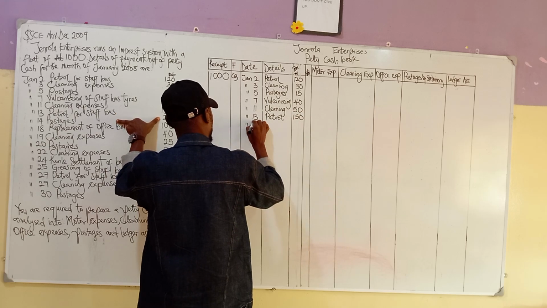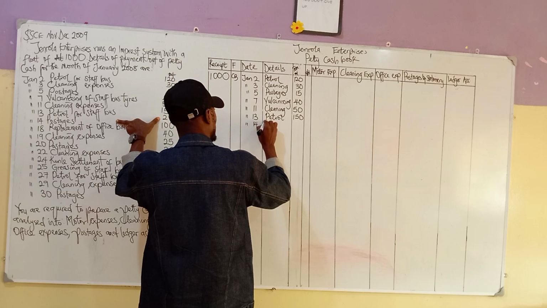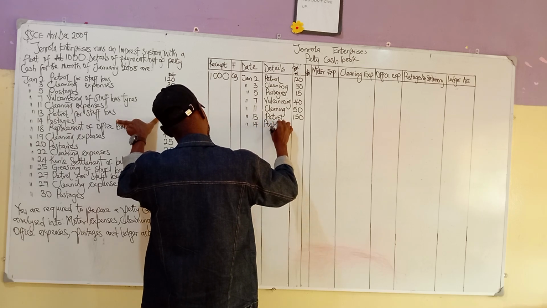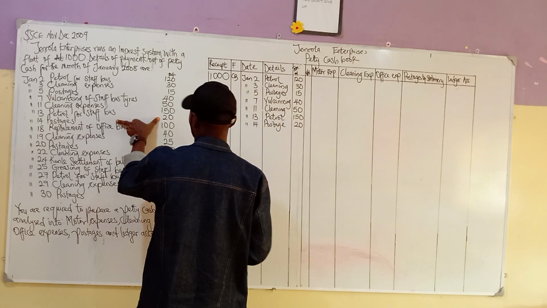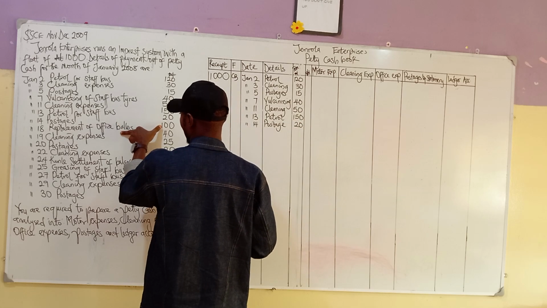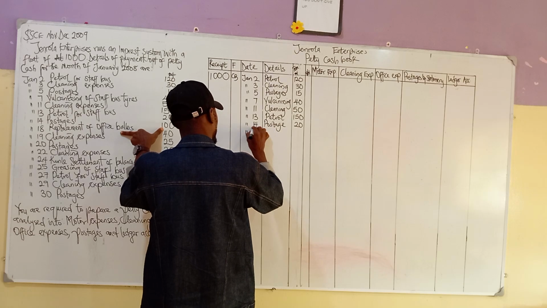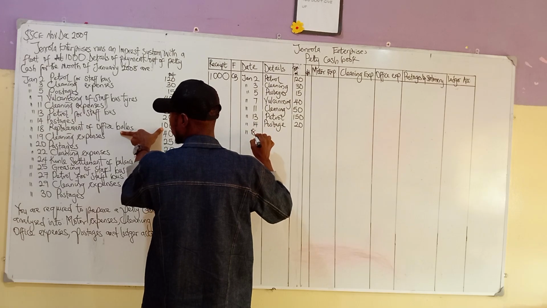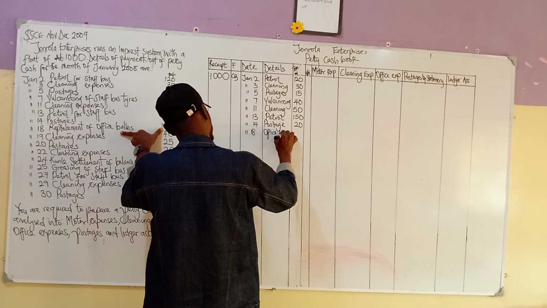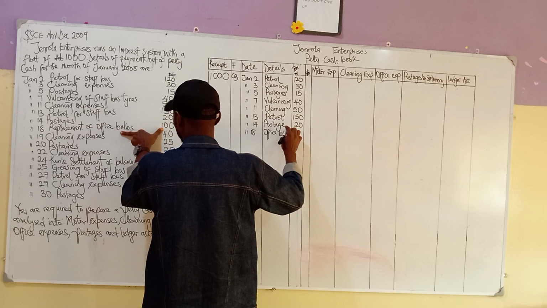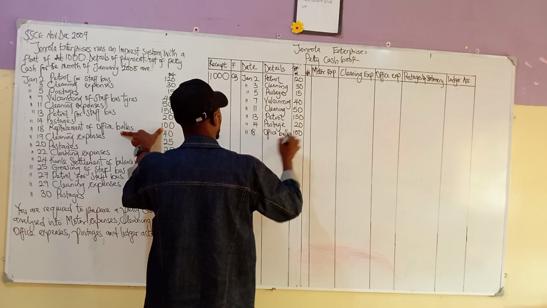January 14th, we have postage. Postage is 20 naira. Then January 18th, we have replacement of office bulb. I have office bulb. Office bulb costs 100 naira.